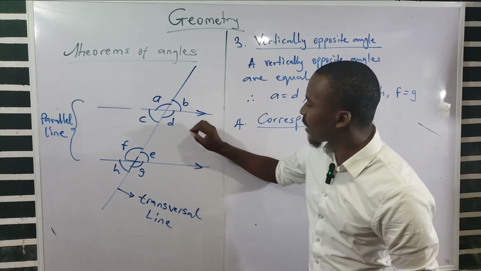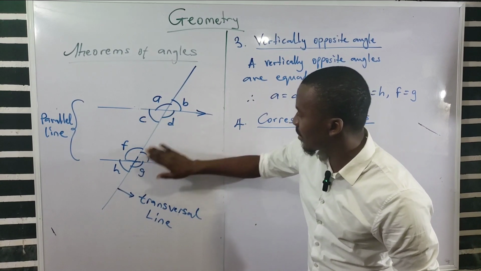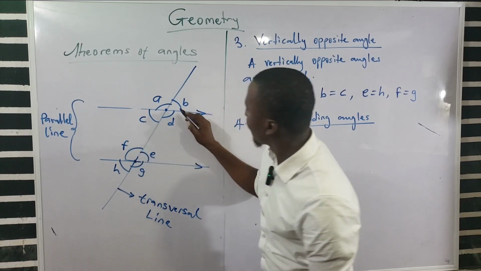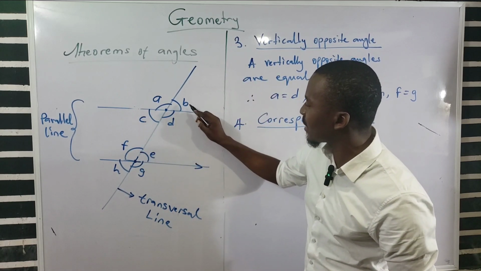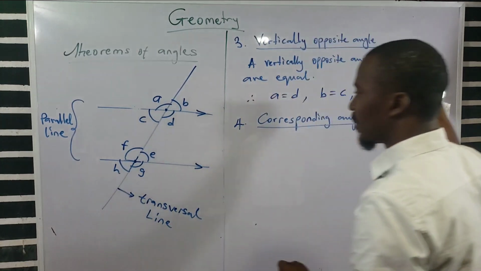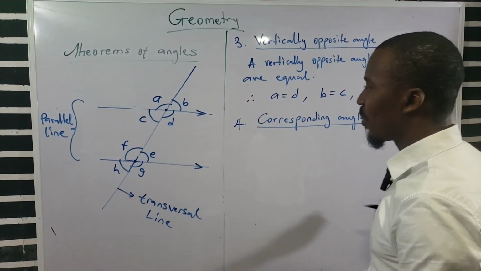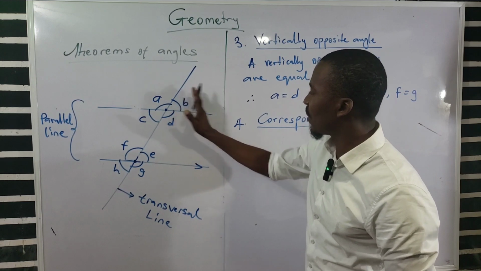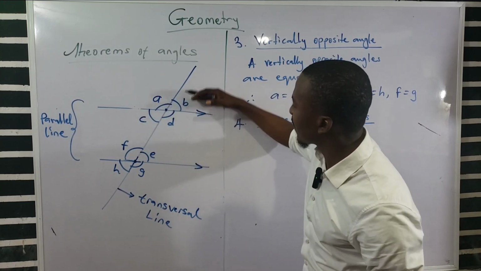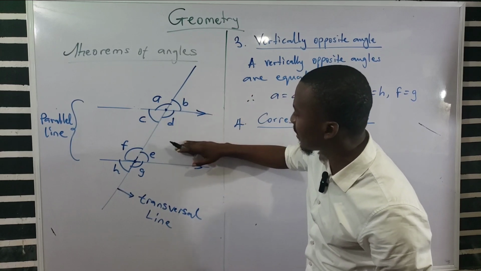Now, if you look at these two points, because there's a point here and there's a point here, you will notice that B is on the right side of point B. So this is on the right hand side, this is the left hand side. B is facing the up part while D is facing the down part.